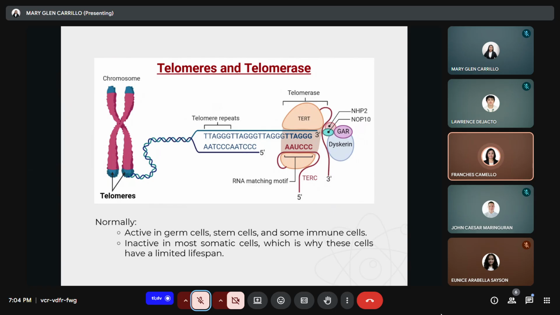For most somatic cells, telomerase stays switched off. This is why our body cells have a natural limit to how many times they can divide. So, what are the possible situations that might arise if our telomerase is switched on? Next slide, please.